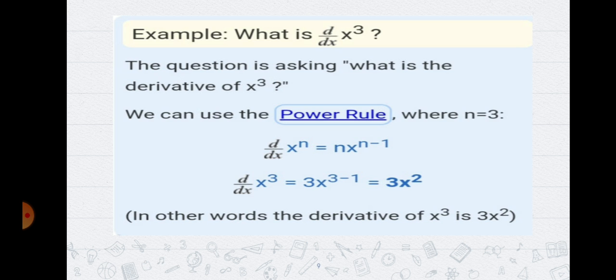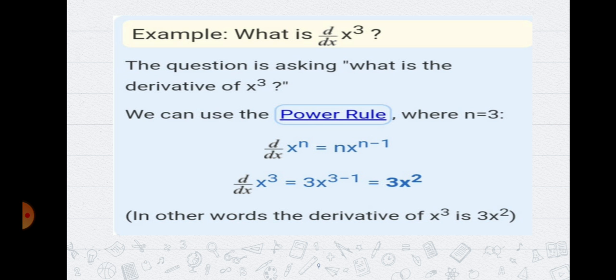So, next. Example. What is d over dx of x to the power of 3? The question is asking what is the derivative of x to the power of 3. So, we can use the power rule where n is equal to 3, and let's substitute the value of n. d over dx of x to the power of n is equal to nx to the power of n minus 1.